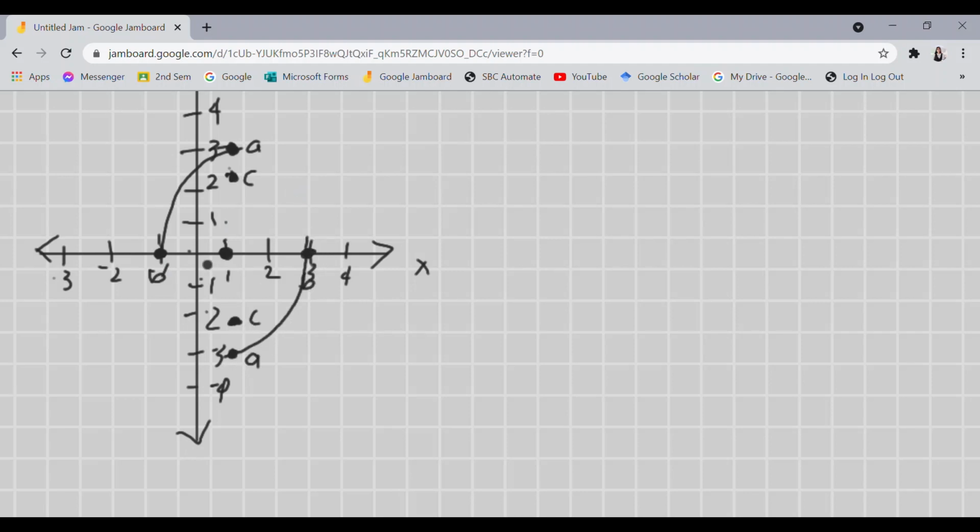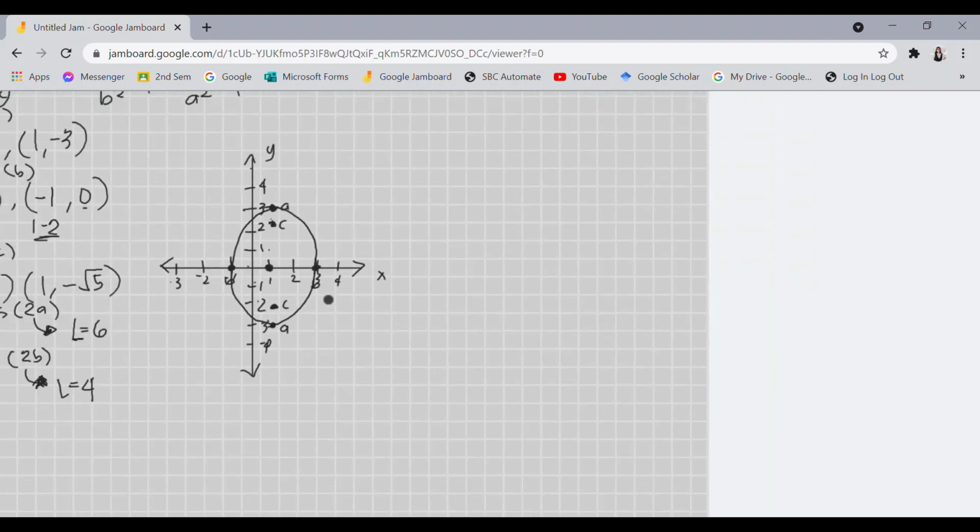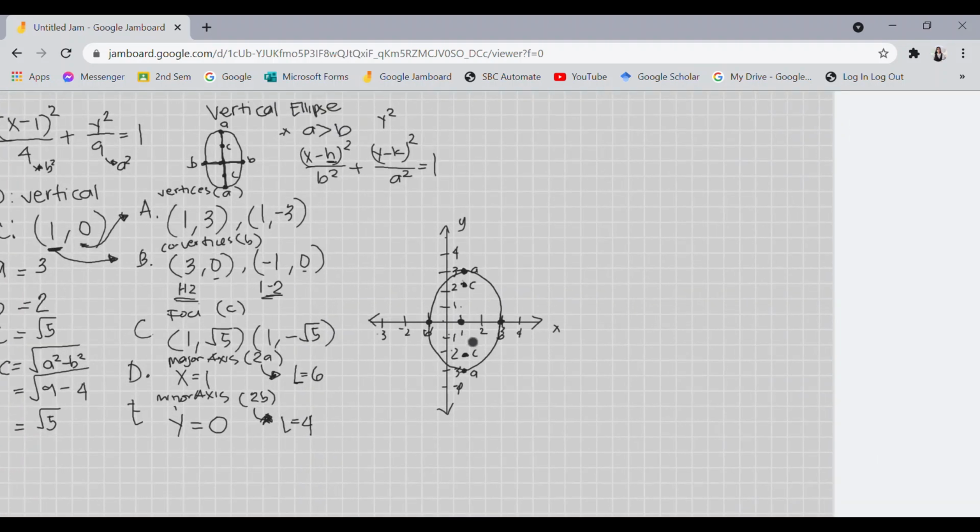Anyway, as long as you're following the standards of the essential parts, okay na yun. Tsaka, basta hindi siya mukhang, alam niyo, mukhang diamond. Okay, so probably your ellipse looks like this.